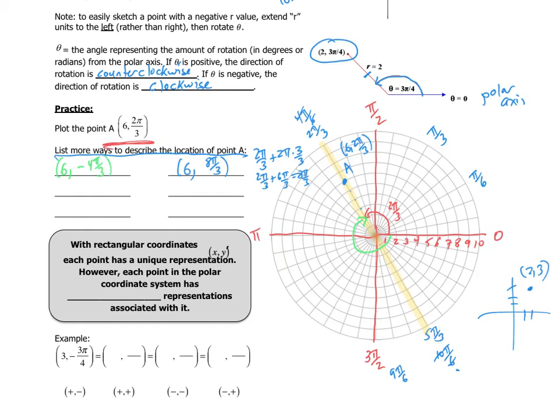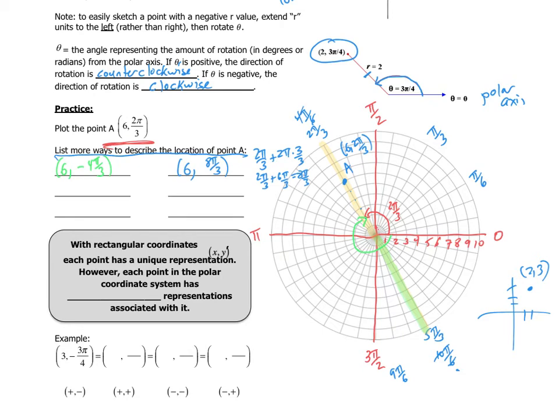All right, how else could we name it? We could think about using a negative radius. If we use a negative radius, then the angles that we want are actually on the opposite side of the origin, or of the pole, I should say. So we want to use the angles that are 180 degrees away, or pi radians away.